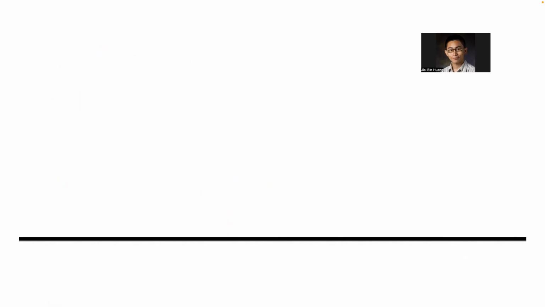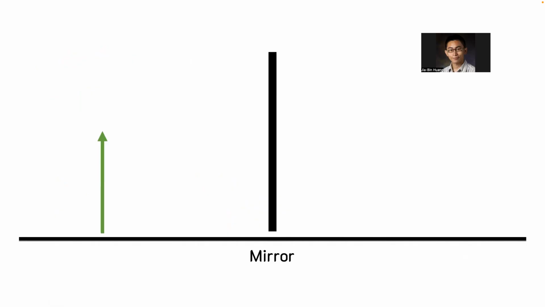So what a mirror looks like is the following. The center is a mirror, and you have an object on the left-hand side, say a person. If you look at the mirror, what you see is that the environment has light rays, and light rays bounce off this person and then off the mirror.